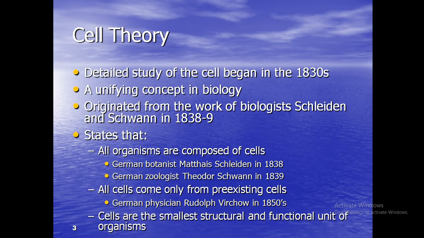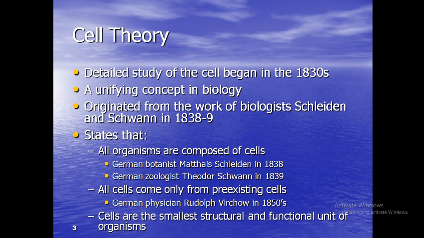So that's why it is said that the cell is the basic unit of life. The most basic and fundamental unit of life is nothing but the cell. So this is the most unifying theory. All organisms are composed of cells. If anything is not composed of cells, we don't call it an organism. Please try to understand.